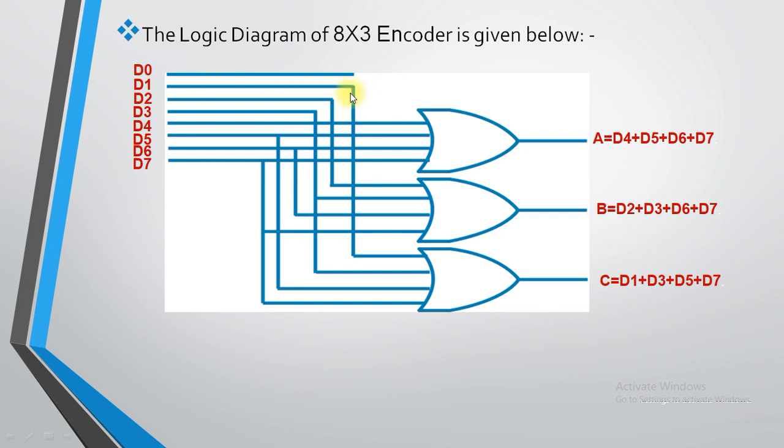There is no specific rule that you can take a cable from this way only. If you want to take cable in this way, at that time also you can take it. So there is no specific rule to take a cable from the previous cable. So in this way you can draw the logic diagram of 8x3 encoder.